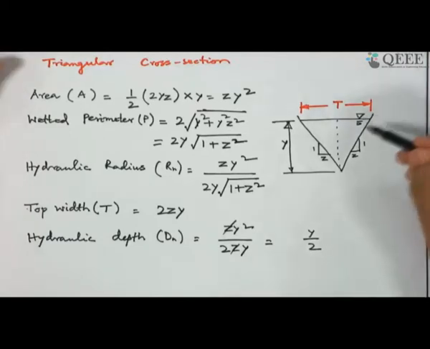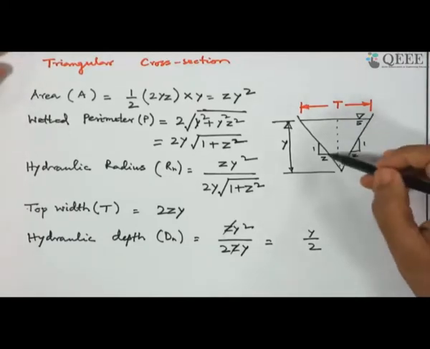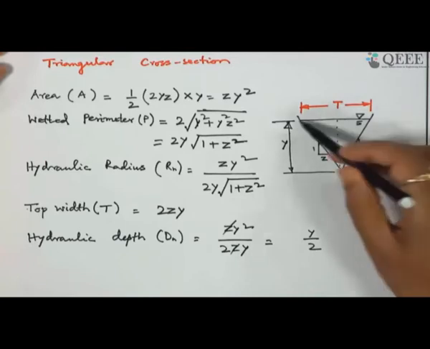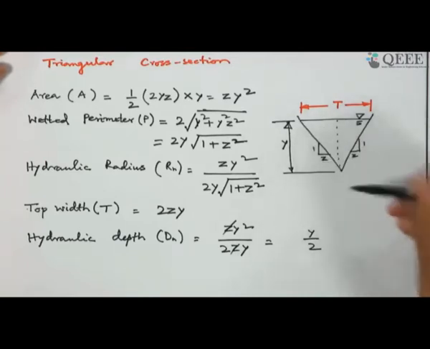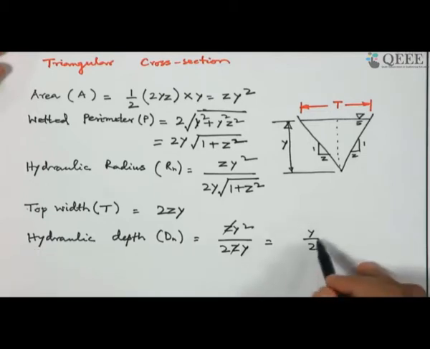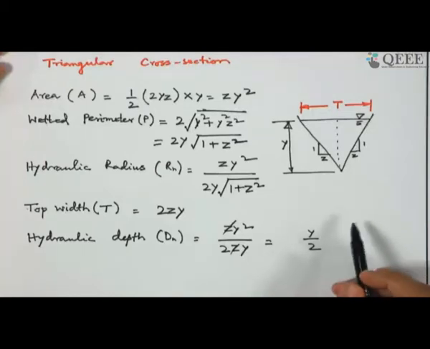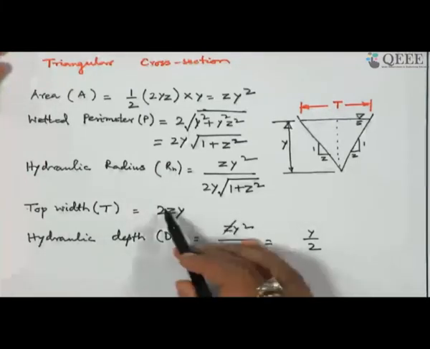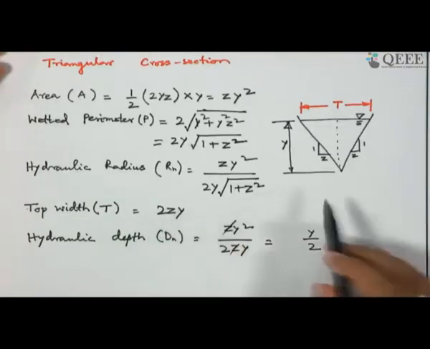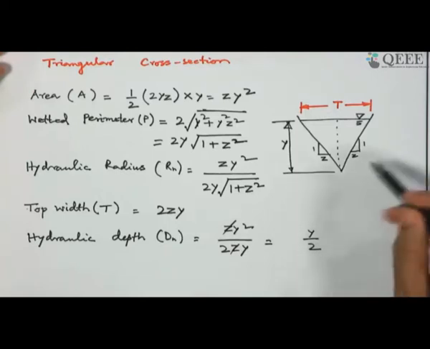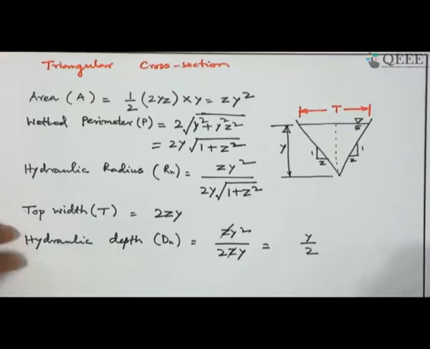So, if we have equal slopes on both the sides of the triangular cross section, then we can see that hydraulic depth is just half of the flow depth, and top width is 2 times zy. Z is the slope associated parameter of the sides.